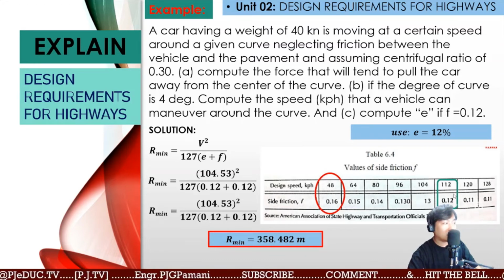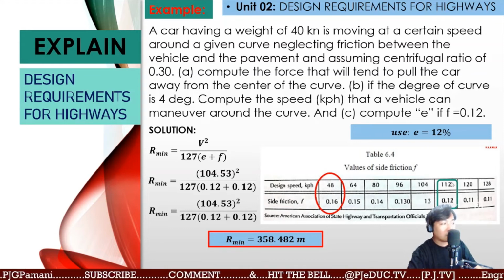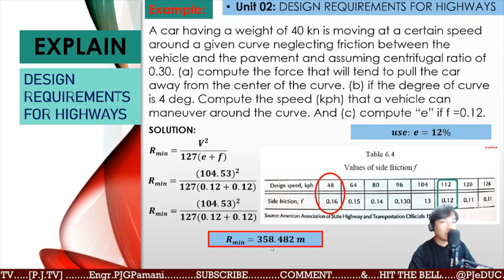So, andun yun, no? 0.12, 0.13. So, you can also revise the friction by interpolation. Okay? Pero, sakto naman sa 104, then 0.12, okay lang yan. Minimum radius is now 358.482 meters.